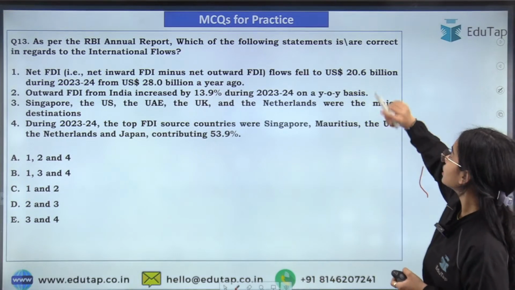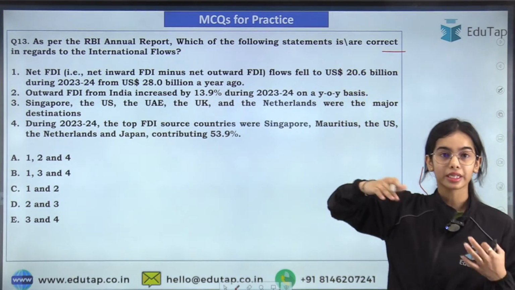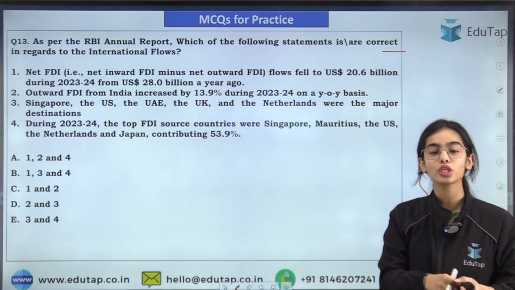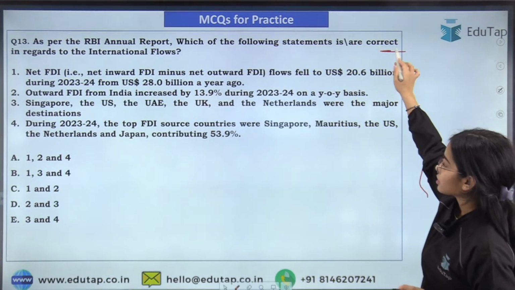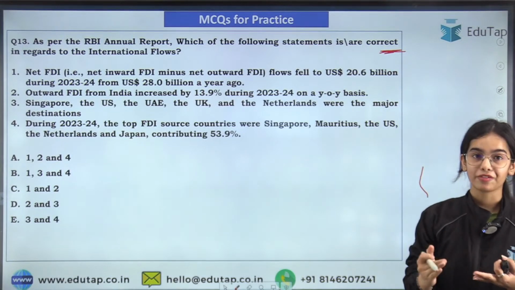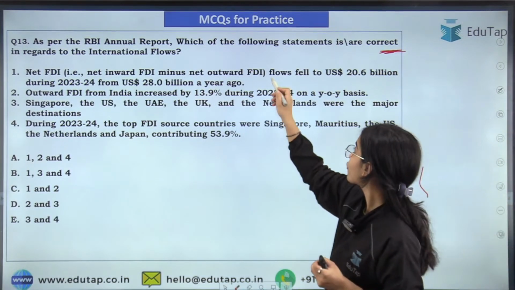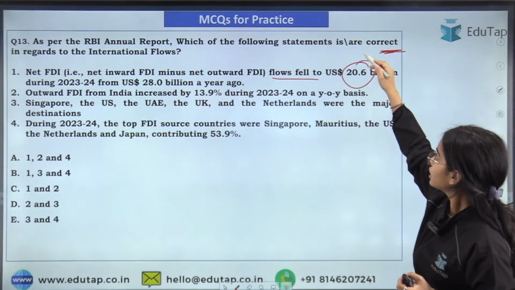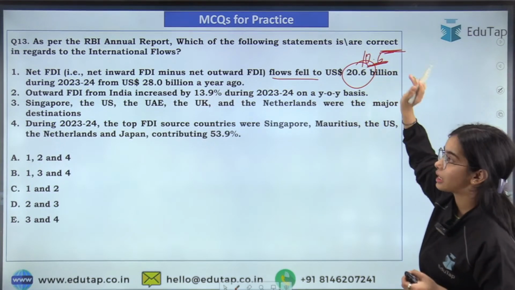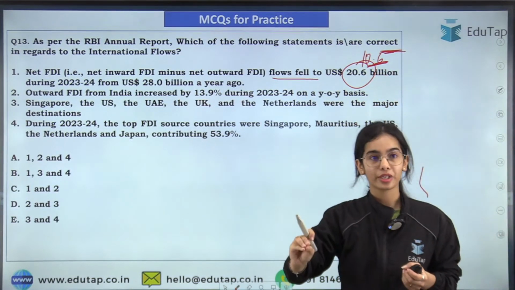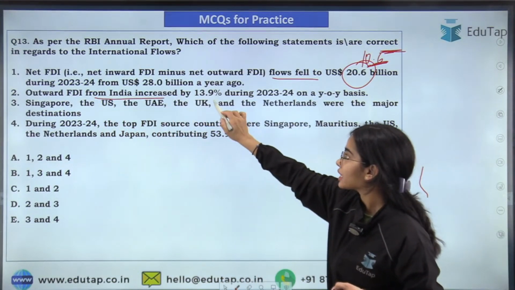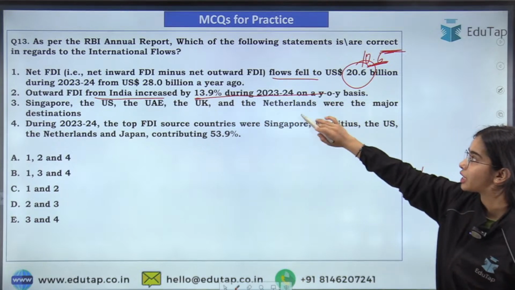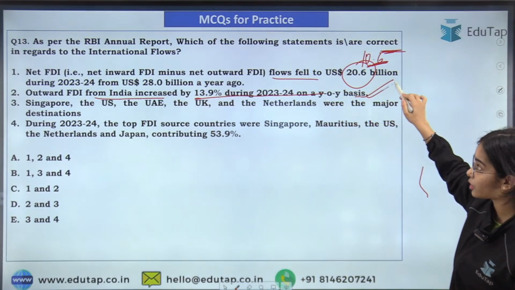Coming to the next slide, that is the net FDI. The data points related to international flows: you have to tell which of the following statements is or are correct. Net FDI flows fell to 10.6 billion during 2023-24. Outward FDI from India increased by 13.9% during 2023-24 on a year-on-year basis.